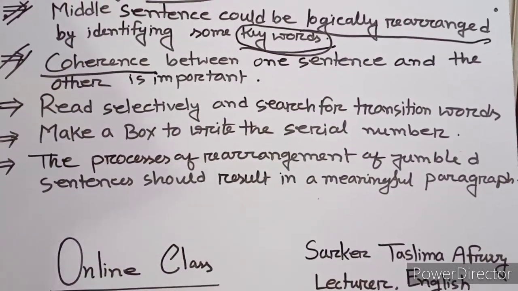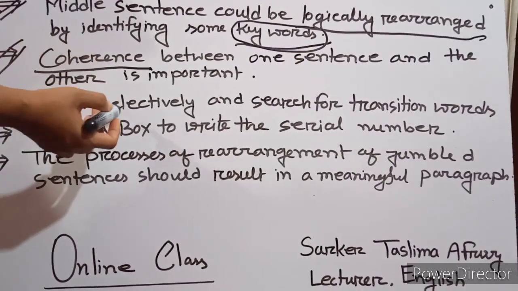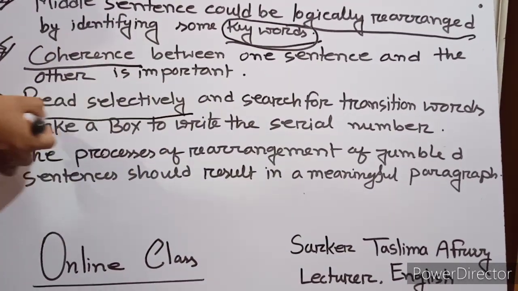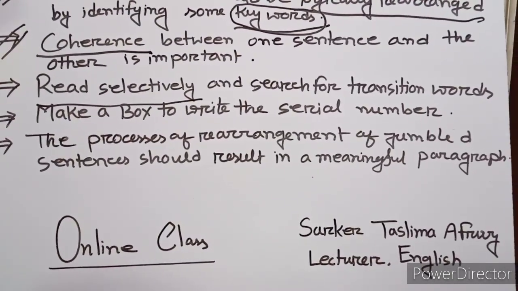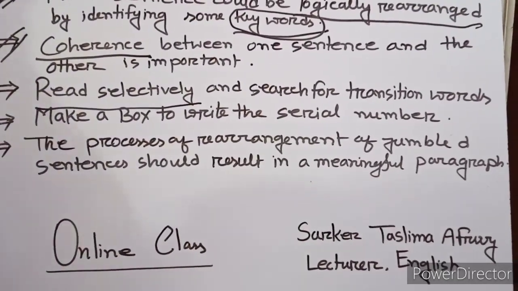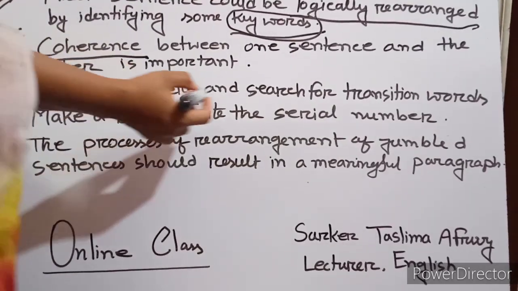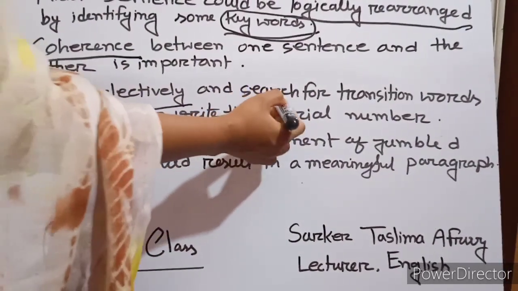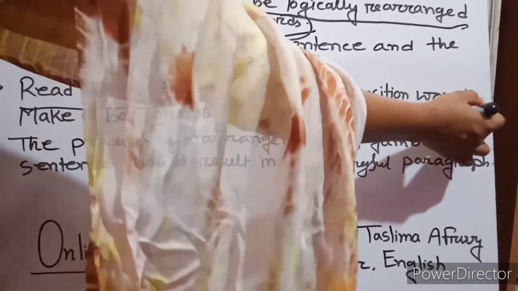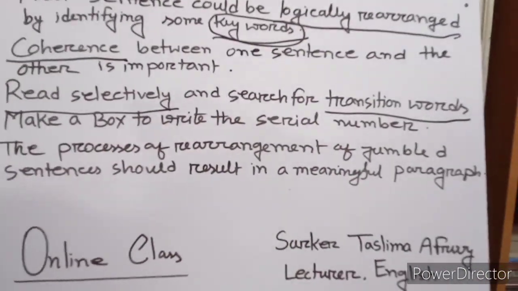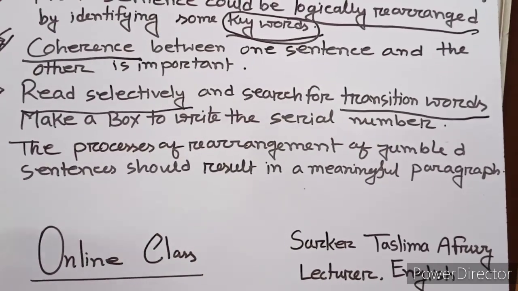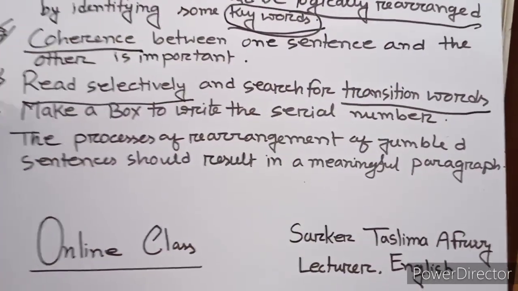Next one, it comes: read selectively. Very important topic. When you are identifying your sentence from the jumbled sentences, to reassemble them, read selectively and search for transition words. Transition words are important. Very important.